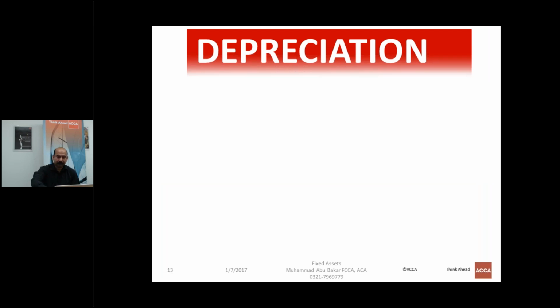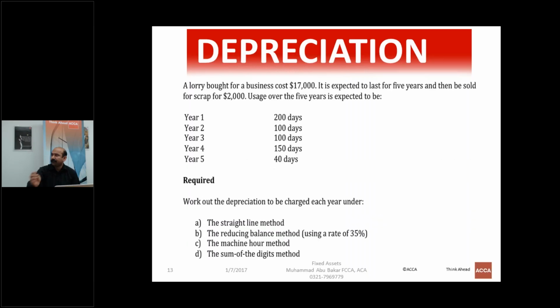Depreciation. Here is a small illustration for depreciation. A lorry bought for a business cost 17,000. It is expected to last for 5 years and then be sold for scrap for $2,000.